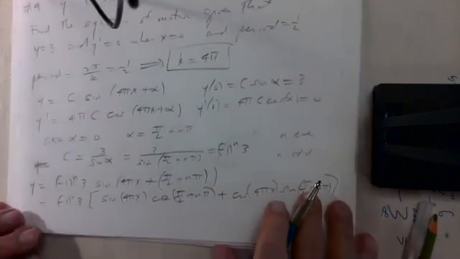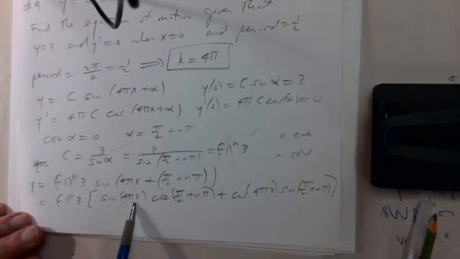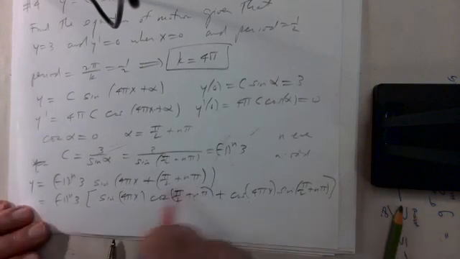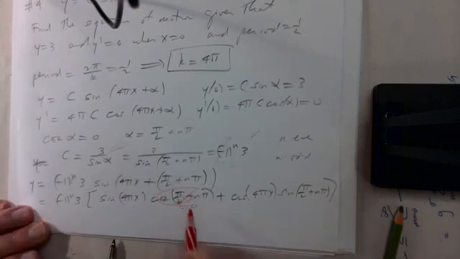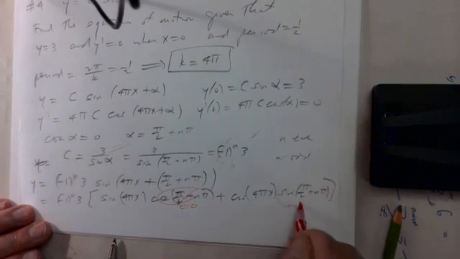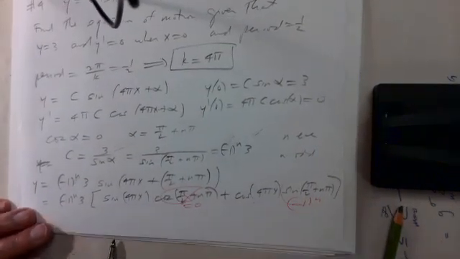Now, this is really pretty, because the cosine of pi over 2 plus n pi, that's 0. And the sine of pi over 2 plus n pi is minus 1 to the n.